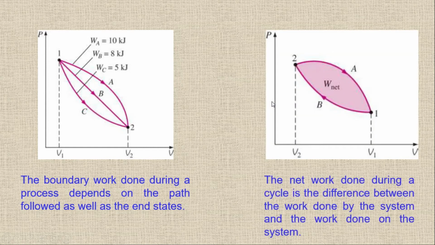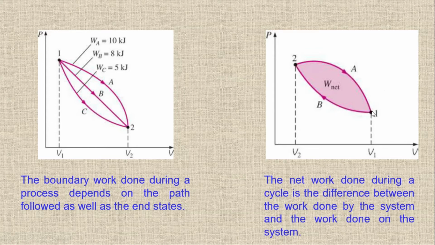And here the net work done during a cycle means if we have different states but the initial and final state is identical or same. If the initial and the final state is same, then it is called a cycle. So here, if you can see, we have state number 1, we have state number 2.